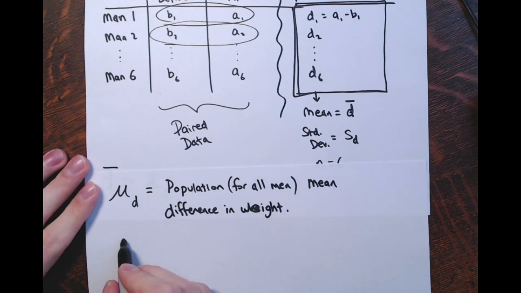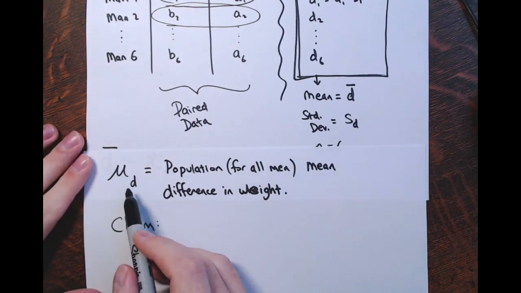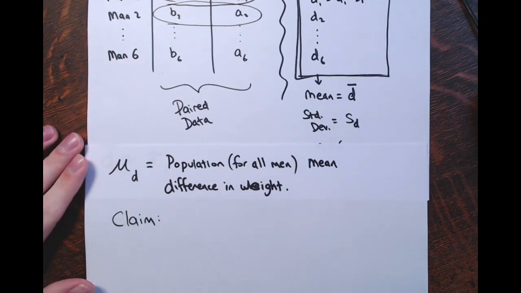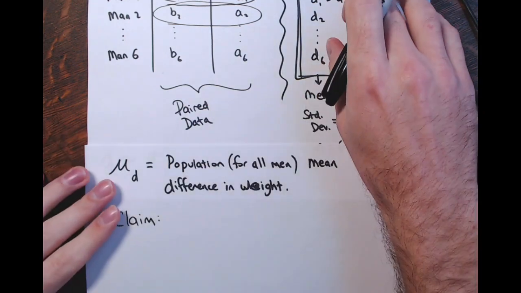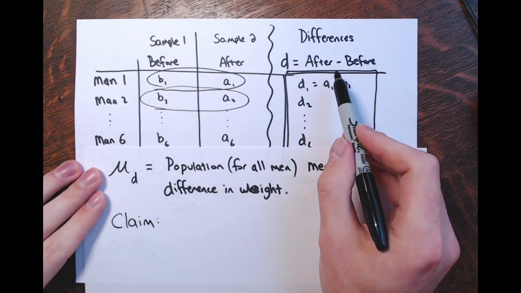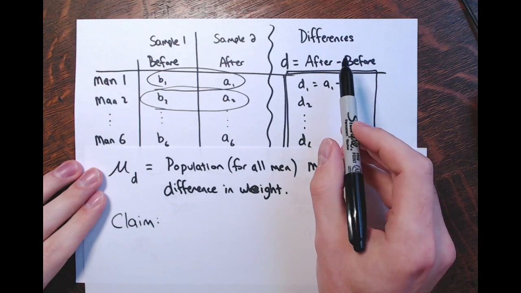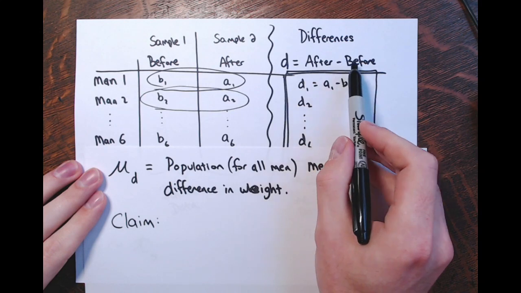Alright, so then there's going to be a claim or some belief or some statement being tested related to this mu d. Now the physician wants to determine if this supplement is effective in helping men lose weight. So if you think of how the differences are taken, if they lost weight, that means their after weight would be smaller than the before weight.